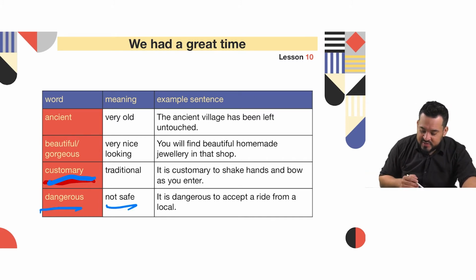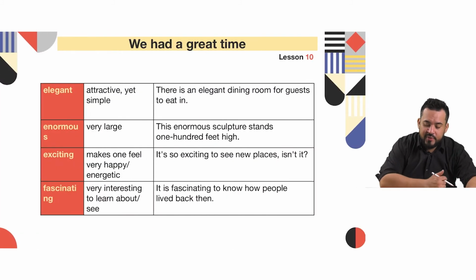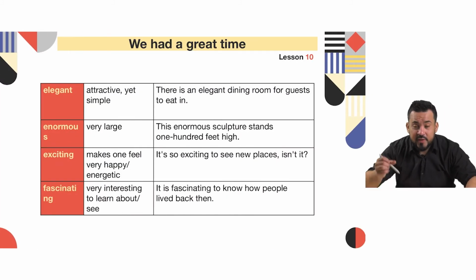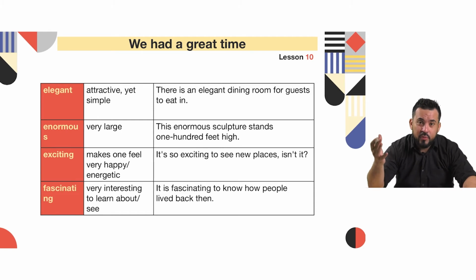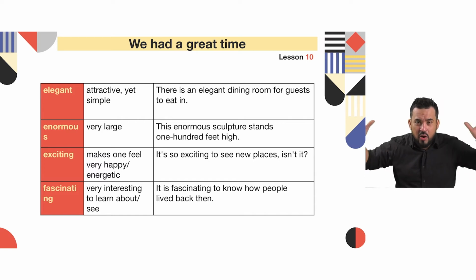Dangerous means not safe. It is dangerous to accept a ride from a local. You don't know, they could be crazy. They could kill you. Be safe. Elegant means attractive but simple. Not overly done. Attractive yet simple, we call it elegant. There is an elegant dining room for guests to eat in. Enormous means huge, very large.